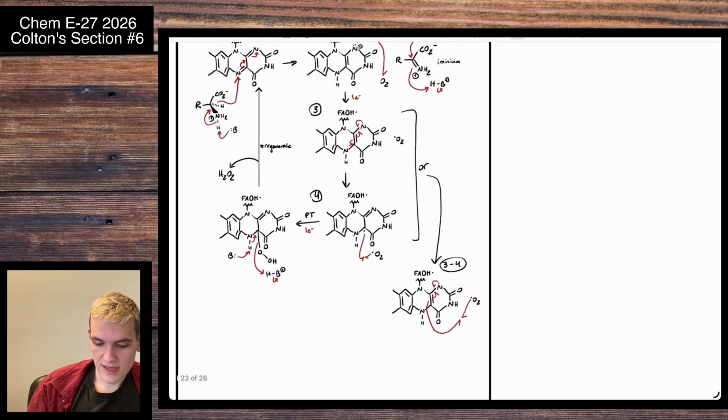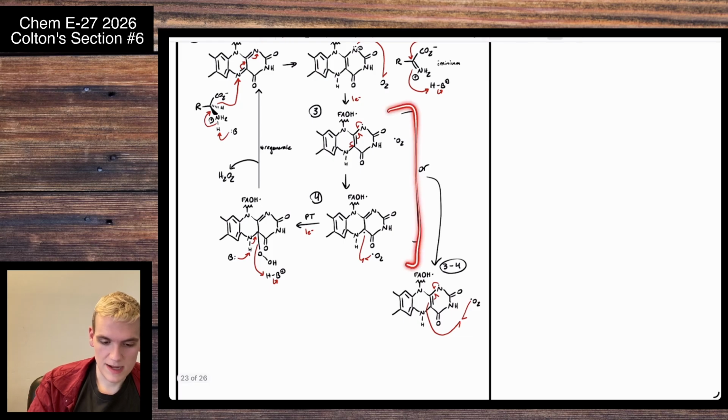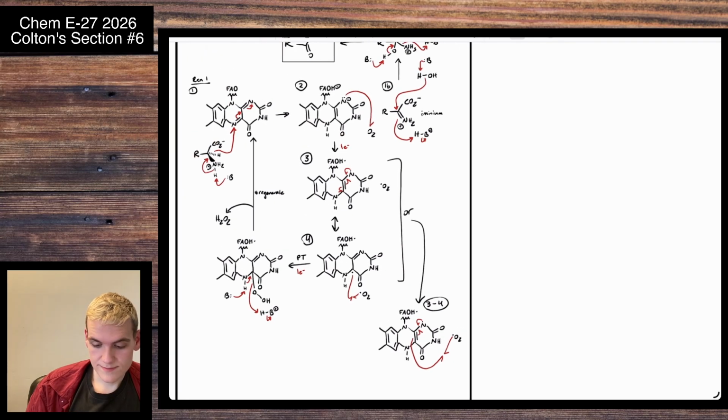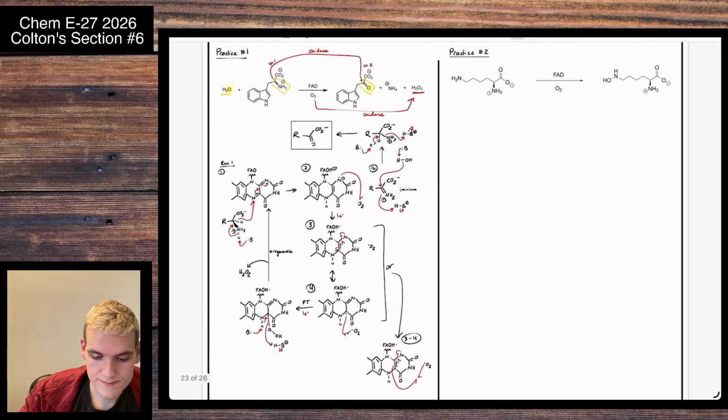So that's kind of our abbreviation of these 2 steps. It combines the resonance, and I'll also put a double-headed arrow here for that. But yeah, this is a really classic monoamine oxidase, MAO. So this was our MAO hint.